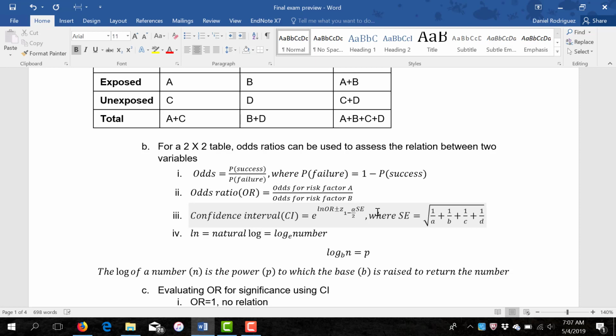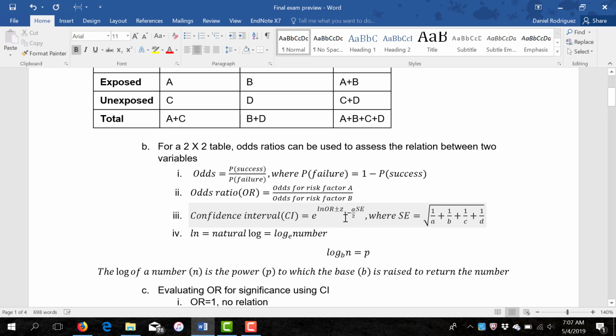We do that because statistics are generally about making inferences about the population. We're not as interested in the sample as we are in the population. We're trying to say something about the population based on the sample. So this confidence interval gives us a margin of error here. This is not a discussion about confidence intervals, so I'm assuming that you already know what the confidence interval is because we've talked about that before.